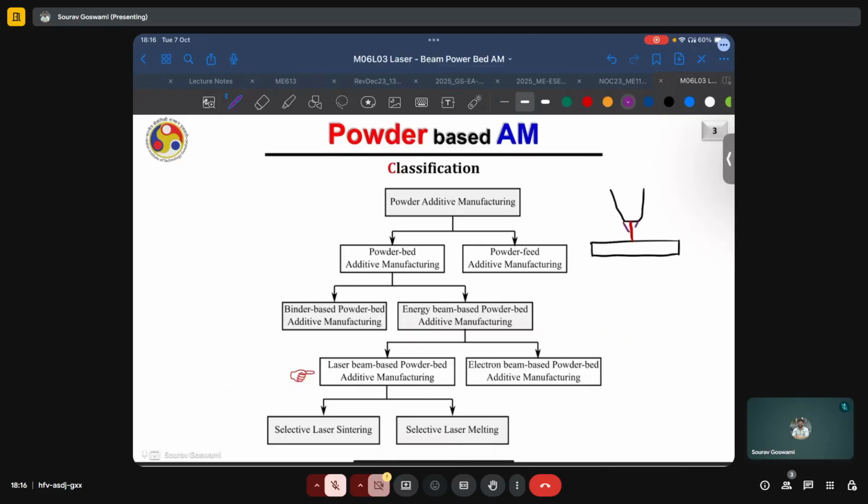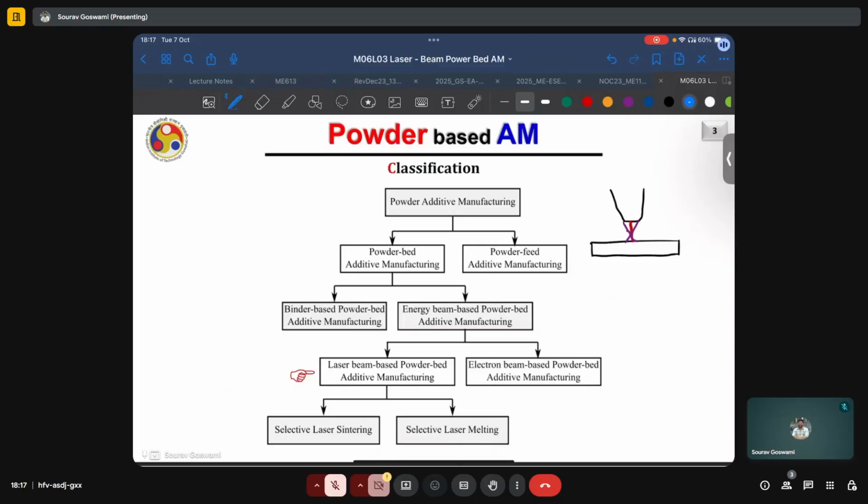And this powder is delivered to the substrate or pre-deposited layer by the use of some carrier gases, which also serve other functions, such as shielding the melt pool from the atmospheric gases such as oxygen, acting as a protective blanket for the laser optics, but primarily to deliver the powder particles to the substrate.